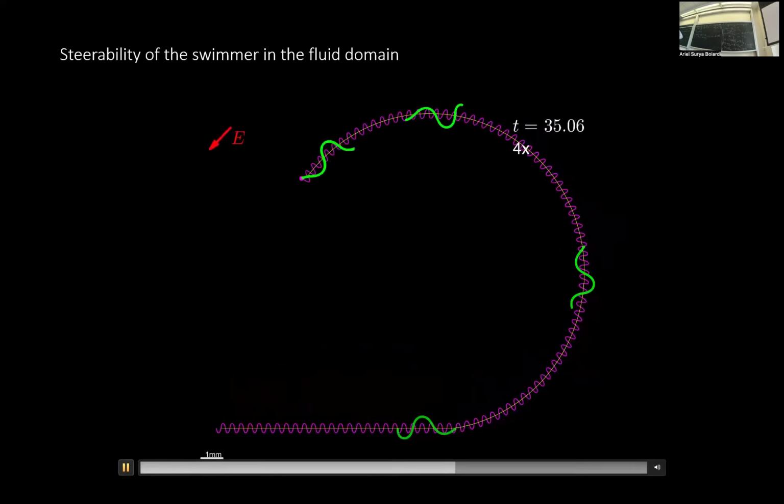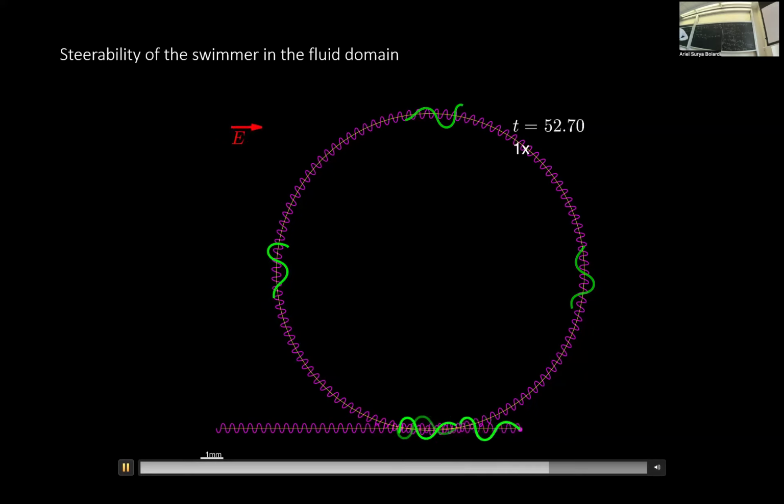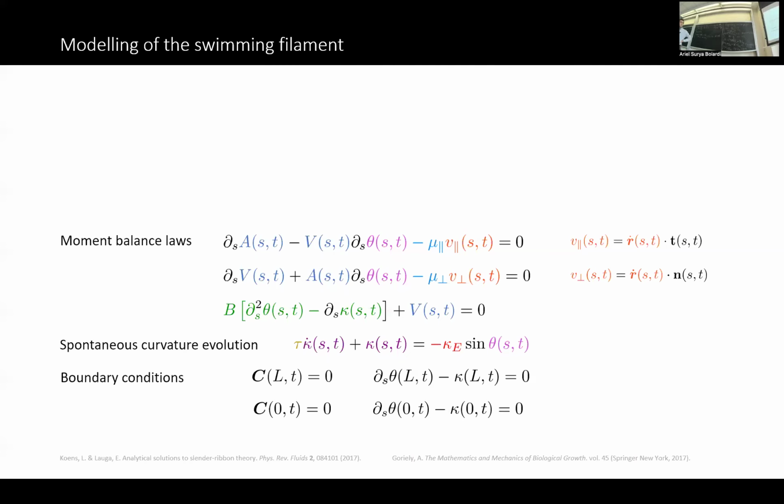And so by rotating the electric field with constant angular velocity, we can make it go around in circles.